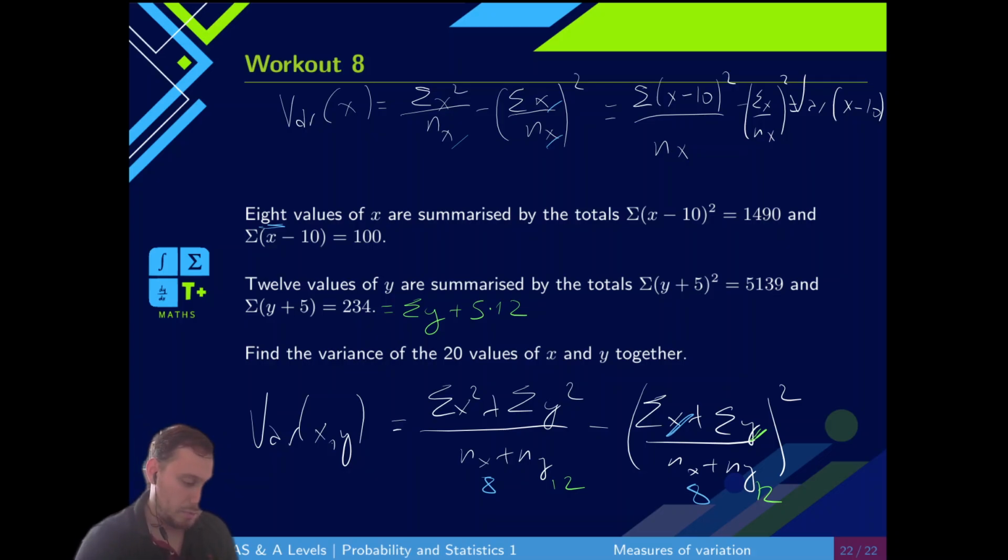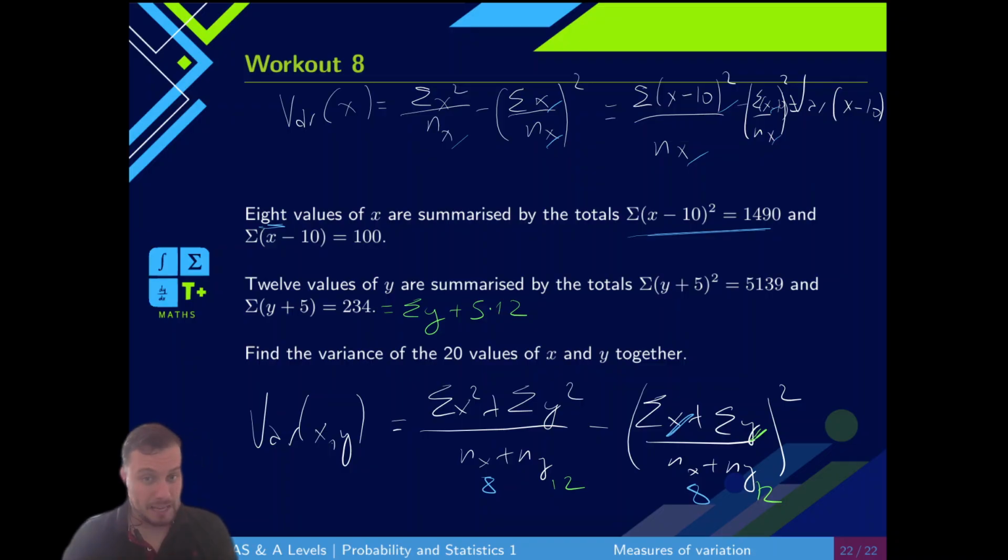We know this because we're told about this here. There, so we know it because we're given here in the task. So from this equation that we have here, we can find the sum of x squared.